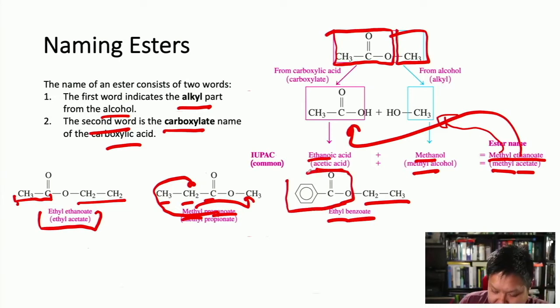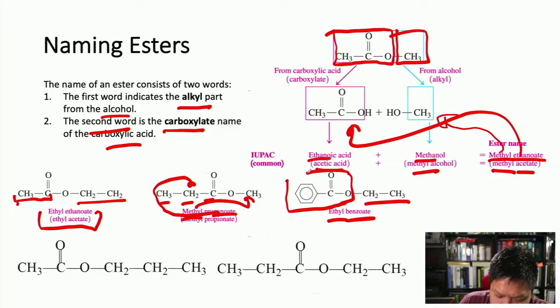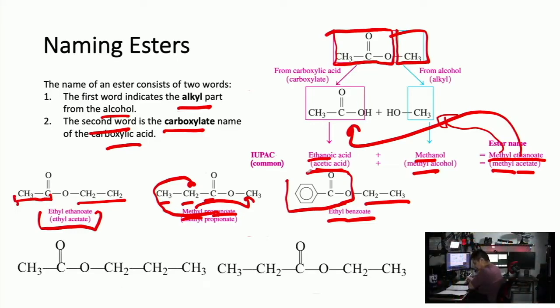Let's practice this a little. We have here, how many carbons? 1, 2, 3. That means that's going to be a propyl, right? And then we have this part here, which looks like an acetic acid or an ethanoic acid, the same thing, right?